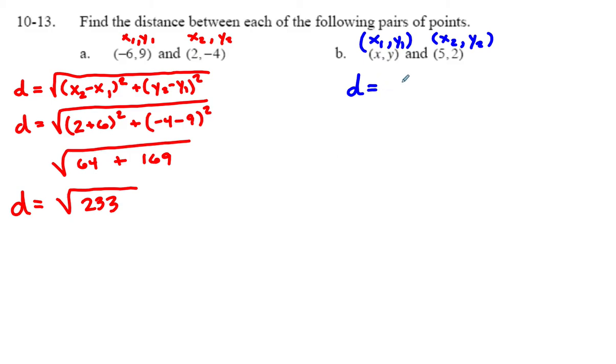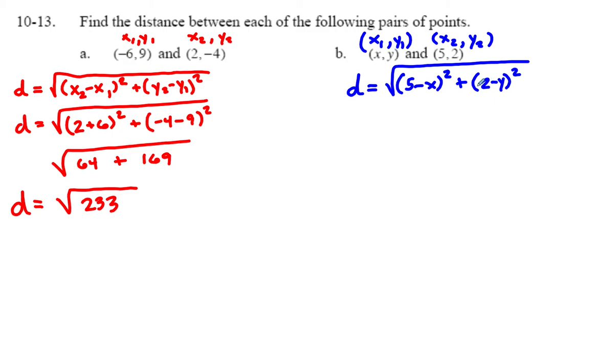So let's start out here. We're going to say 5 minus x, so we're going to do the square root of (5 minus x) squared plus (2 minus y) squared. And that's literally as far as we want to take it.